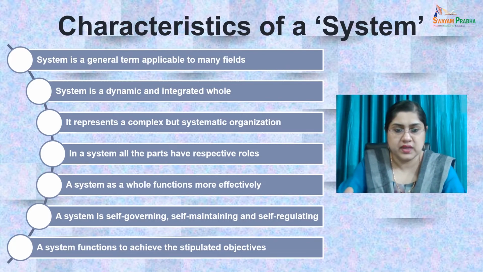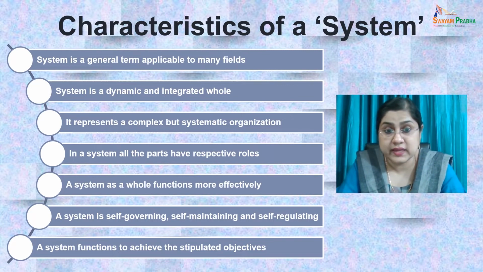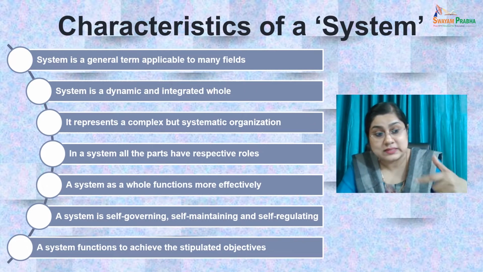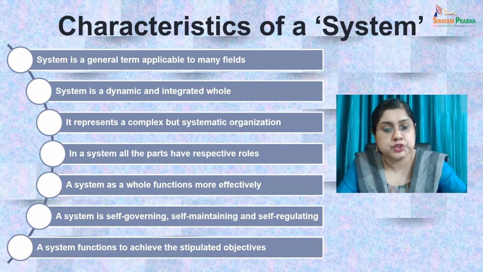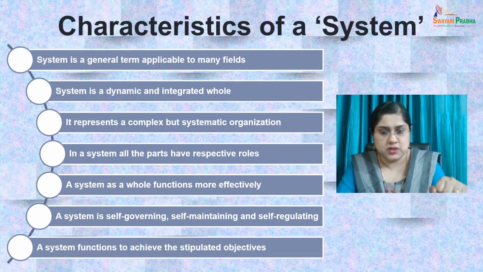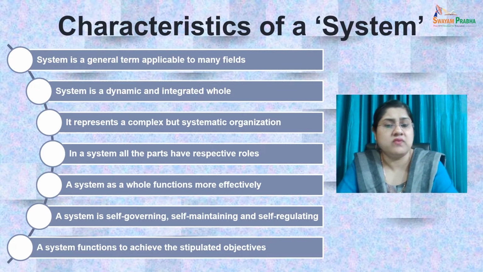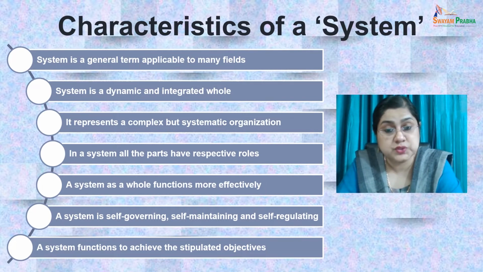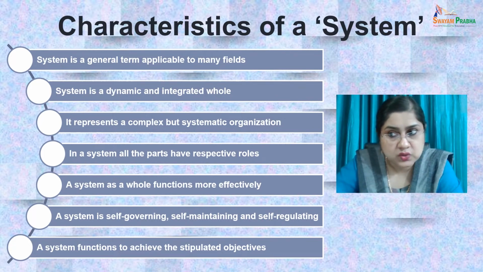In the same way, if we talk about a machinery, all the parts or elements have some roles. And if a particular part is not working properly, then you can see that the entire system has some issues, some problem. So, for smooth running of a system, it is necessary that we ensure all the parts, the elements of this particular system, work in a proper way.